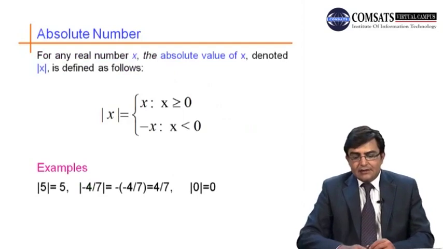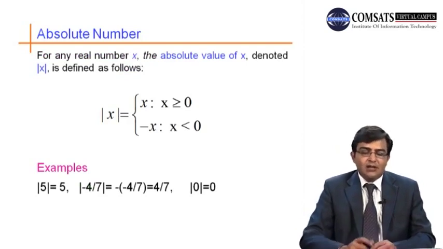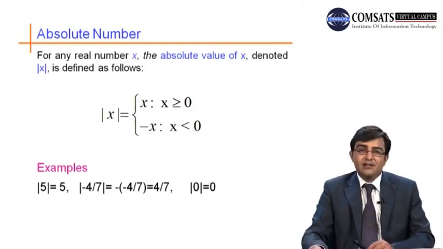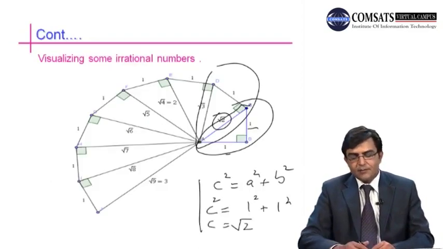So next is the absolute number. Before absolute number, we should see what is the combination of irrational and rational numbers.